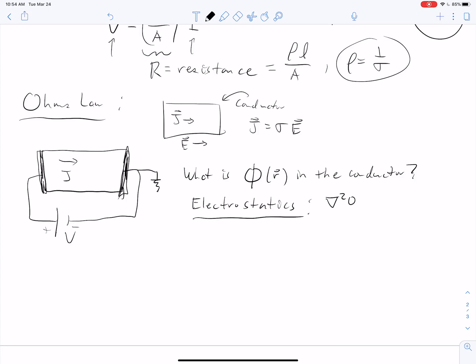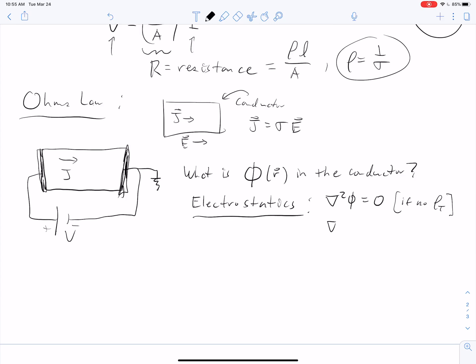I remember del squared phi equals 0 was really nice if no rho total. If there's no charge density, I have del squared phi equals 0, because it came from del dot E equals rho total over epsilon naught, and E equals negative del phi.